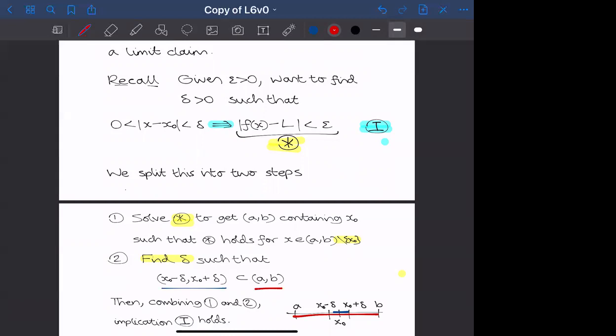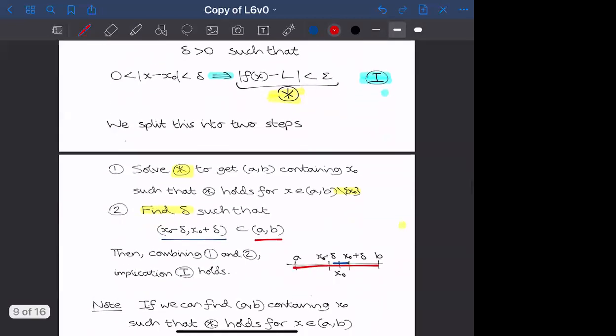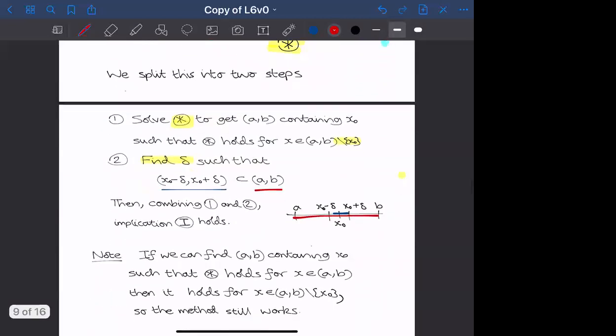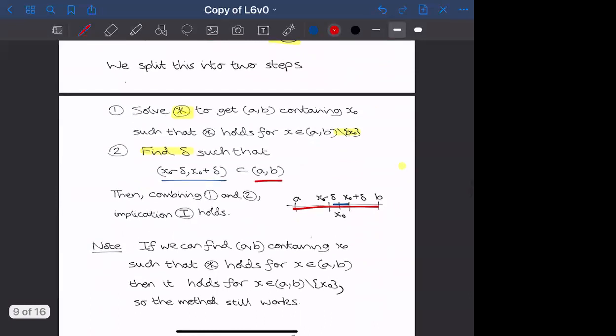And then we have I. Okay, so about the domain, if we can find an interval AB containing x0 such that star holds for all x in AB, then great.